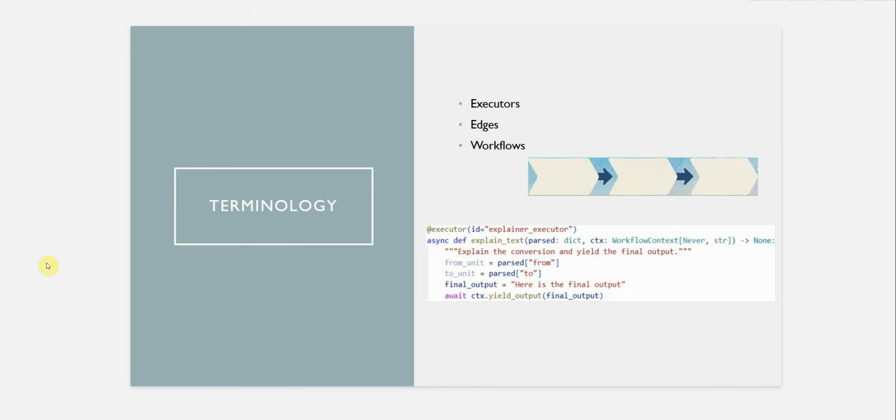And what yield output does is it will send the output back to the workflow caller who is calling this particular executor. So make sure that you are making a call, either using send message or using yield output, depending on your scenario, and accordingly you need to pass the parameter in your workflow context, whether it is never or something else.